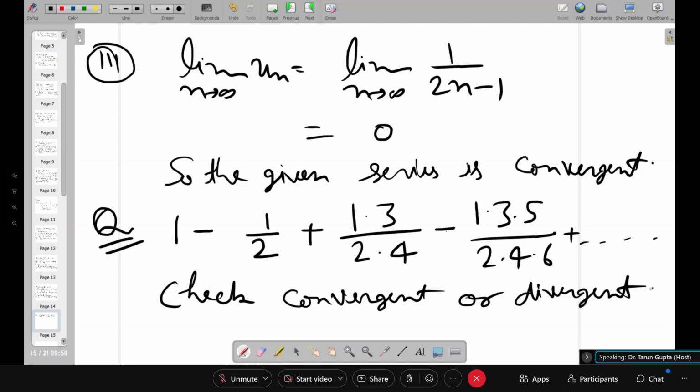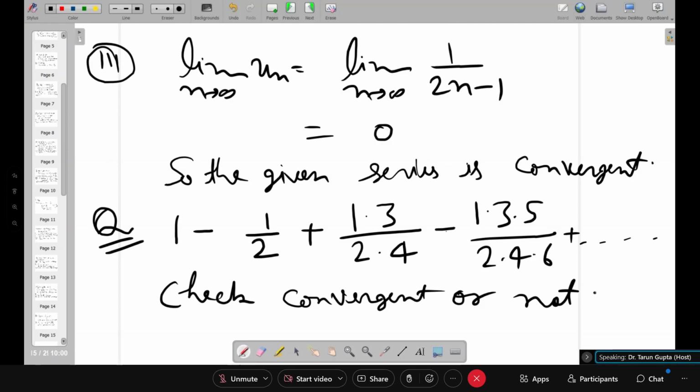Check whether this is convergent or divergent. Here the task is finding out the limit of the nth term. If the limit of the nth term is 0, then you can say convergent.